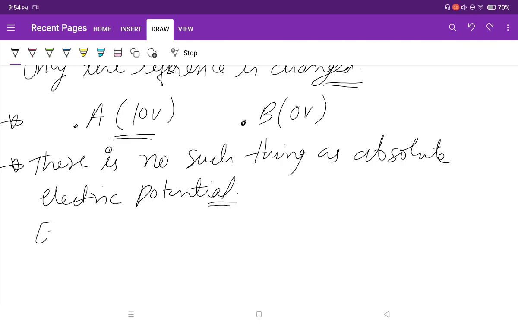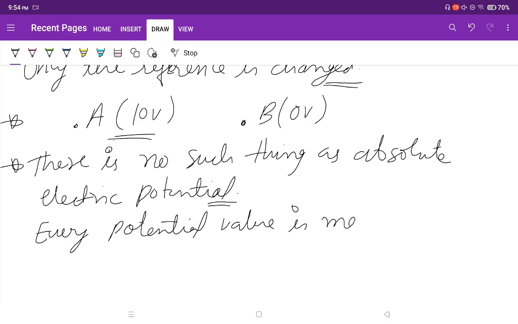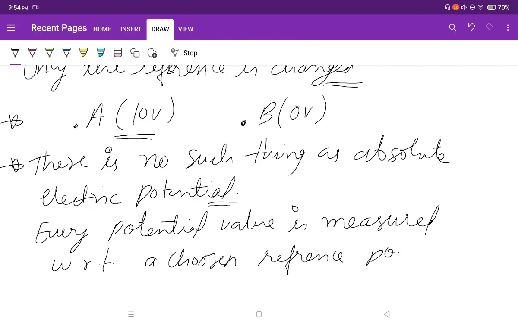Every potential value is measured with respect to a chosen reference point, correct? Thanks.